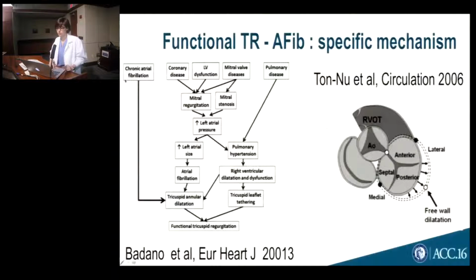And chronic atrial fibrillation per se, even without the involvement of left heart pathology or pulmonary disease, can lead to tricuspid regurgitation, which in turn, causing a chronic volume overload, would be able to increase and worsen the tricuspid regurgitation per se.